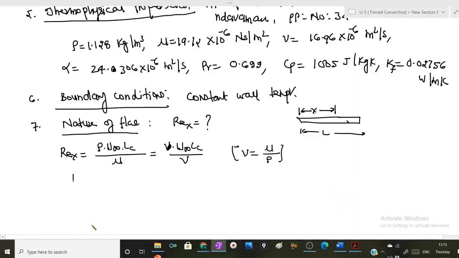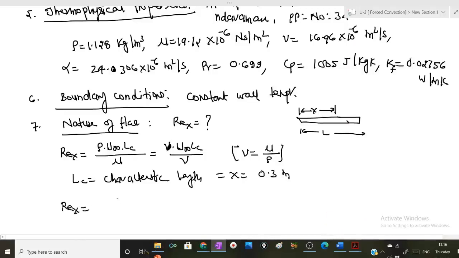Now what will be Lc here? Yes, characteristic length will be the local distance up to which we have to find out the nature of flow, 0.3 meter. So now can I calculate Rex?